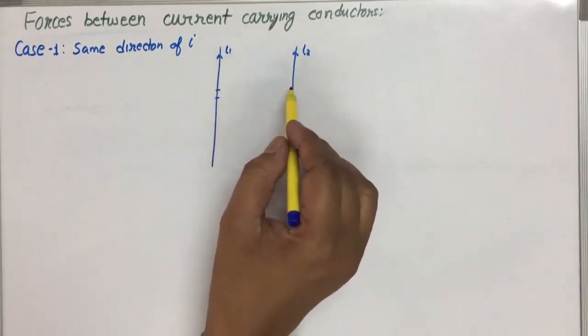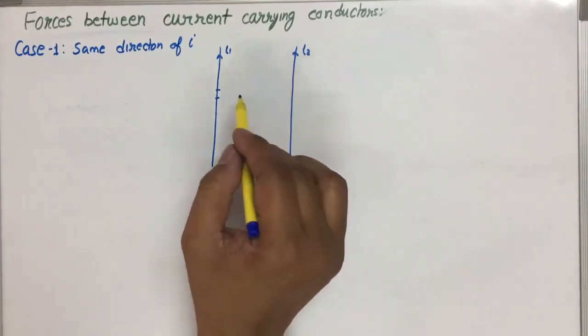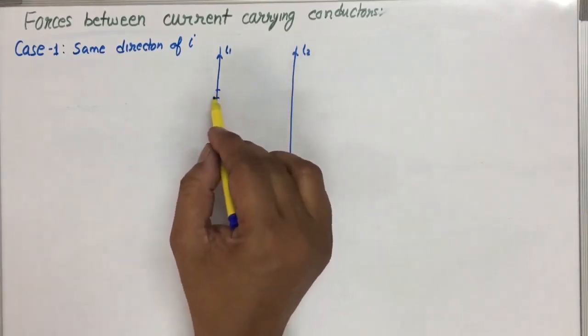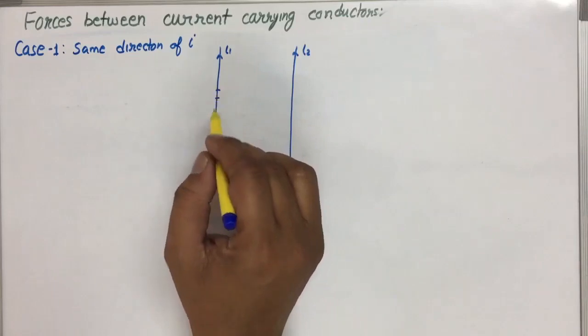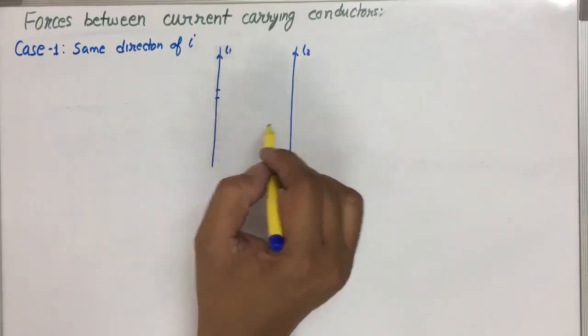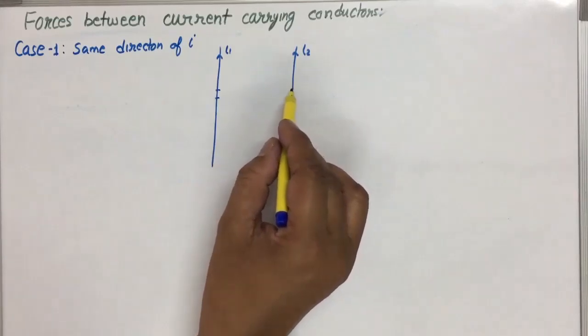So this current will cause a magnetic field, and when the charge is placed in that magnetic field it will experience a force. Similarly, this current will produce a magnetic field in the surrounding, and when movement of charge takes place in that field, then force will be exerted on that charge.